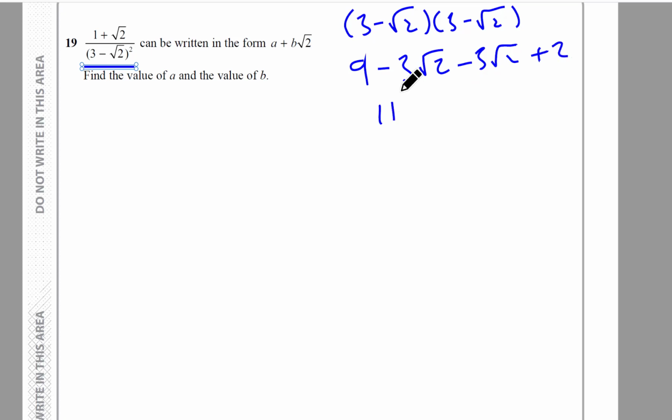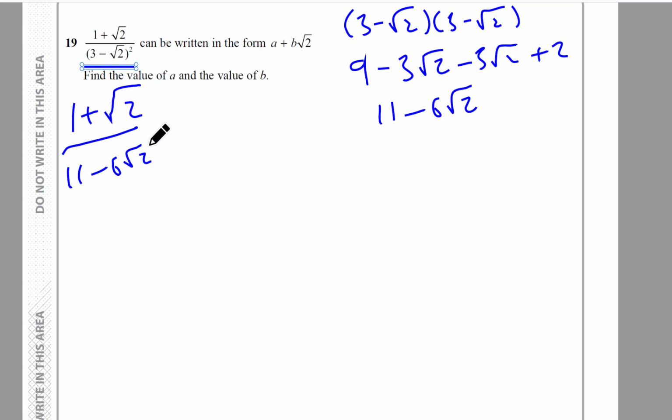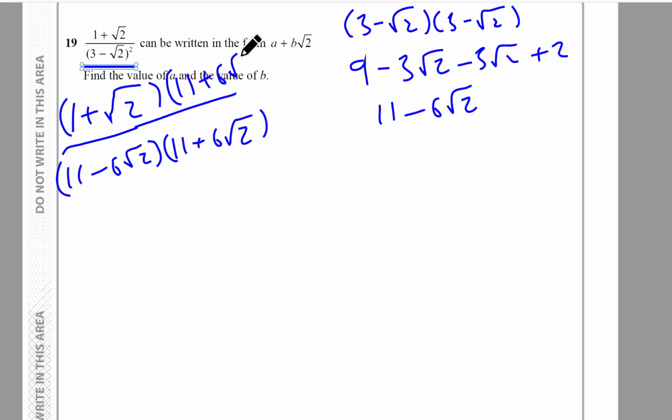So that becomes 11 minus 6 root 2. That's got to get you a mark. So we've got 1 plus root 2 over 11 minus 6 root 2. Now remember, we multiply it by its conjugate pair, so we cancel out the terms, plus 6 root 2.